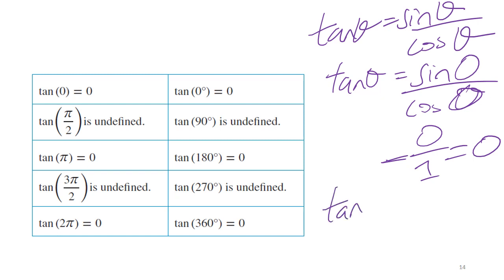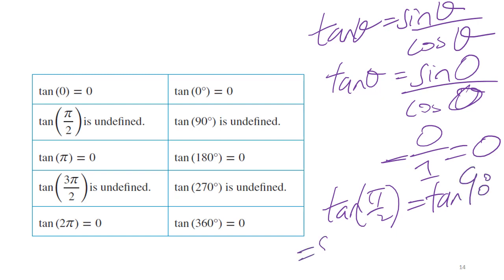What about tan pi over 2? Pi over 2 is the same as 90 degrees, so it's asking for tan 90 degrees. That is equal to sine of 90 degrees over cos of 90 degrees. Sine of 90 degrees is 1. Cos of 90 degrees is 0. And 1 divided by 0, what is it?